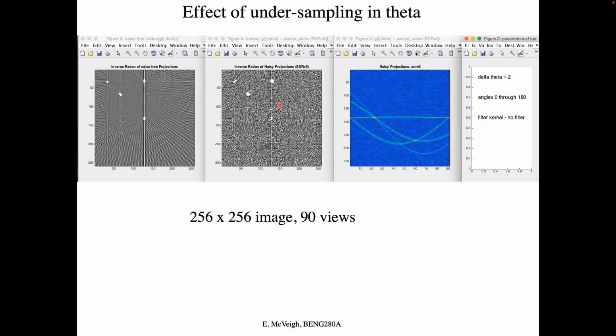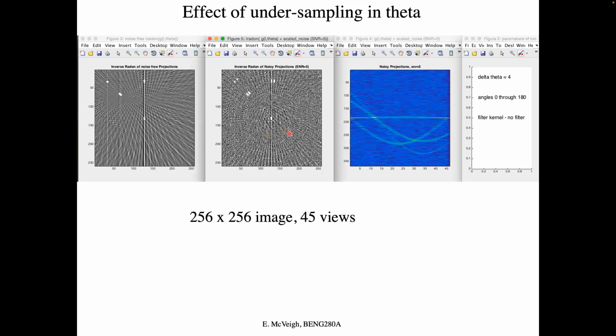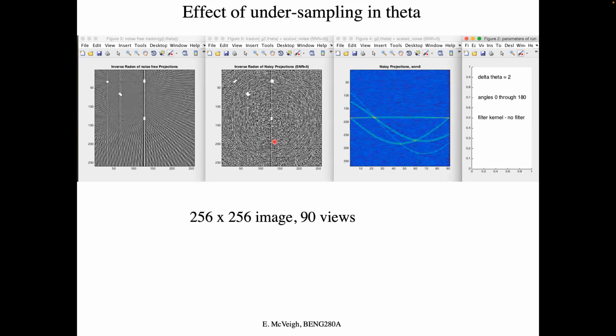We got somewhat better behavior of the background pixels here, in that we don't see these very structured streaks and artifacts in the background. And in fact, right around the center, it's starting to look like we're getting just a random noise field with a dot there.